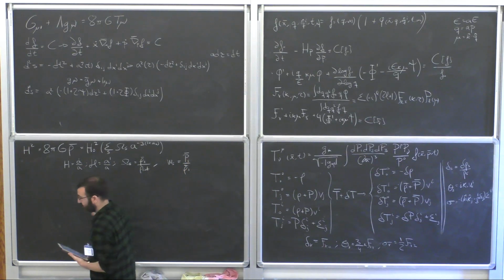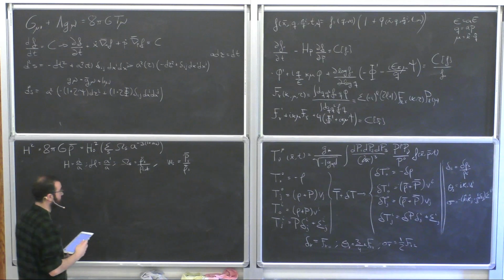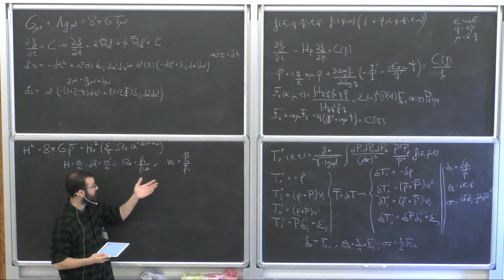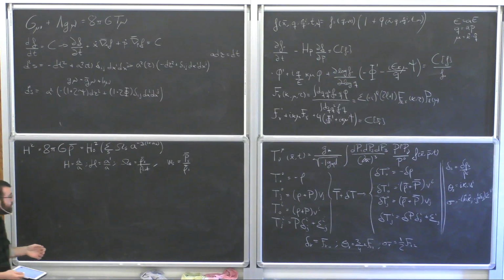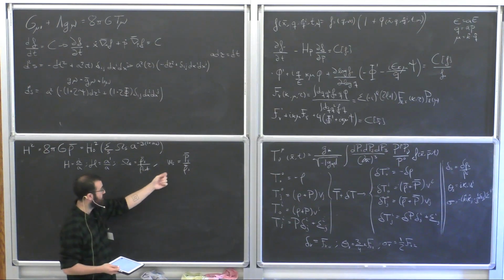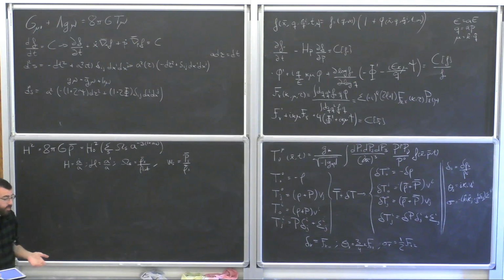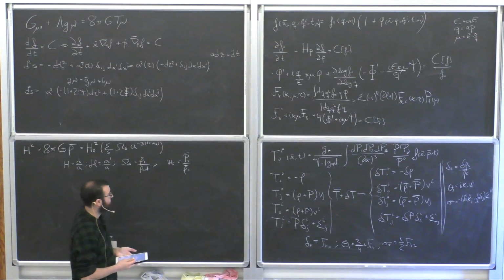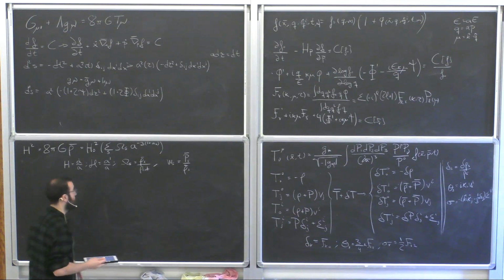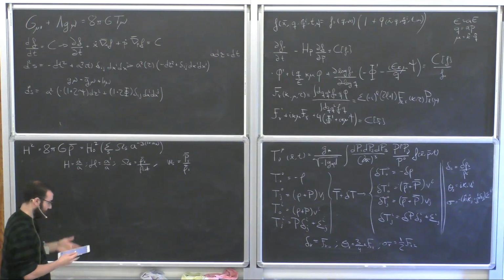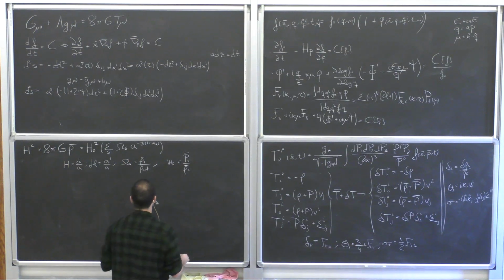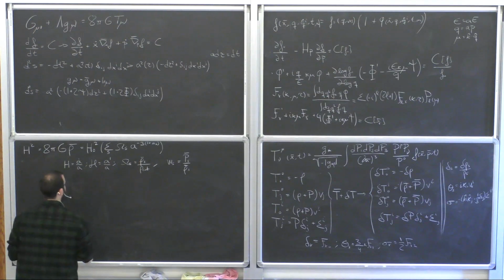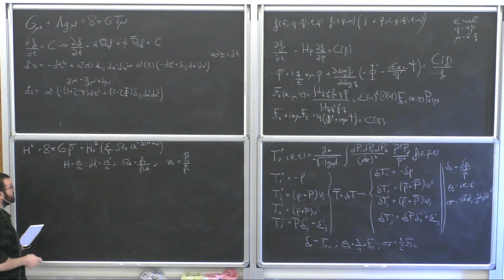So for example, for collisionless, non-relativistic components, such as cold dark matter, there's no pressure, so the equation of state parameter is 0. For free streaming particles, such as neutrinos or photons, this is going to be 1/3, and that's what goes here to express all the evolution of the Hubble parameter in terms of each specific quantity.